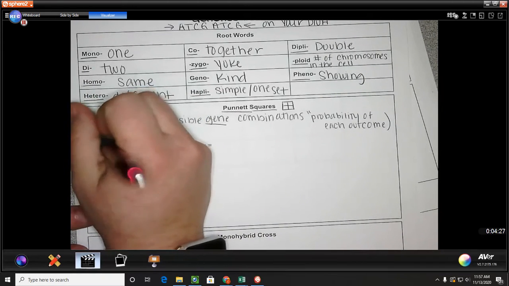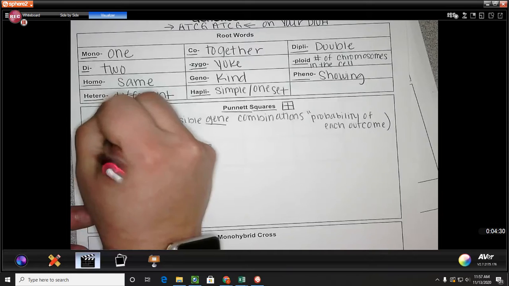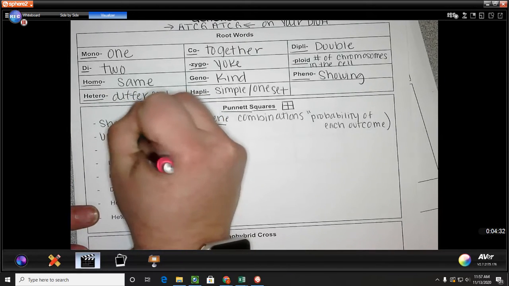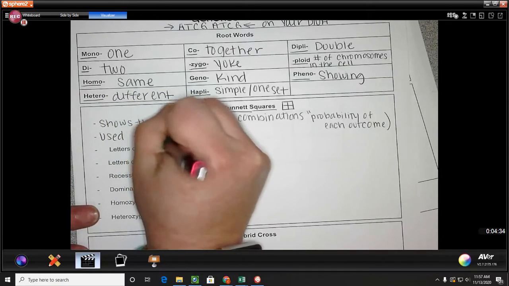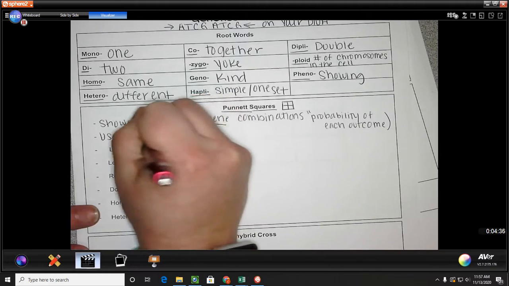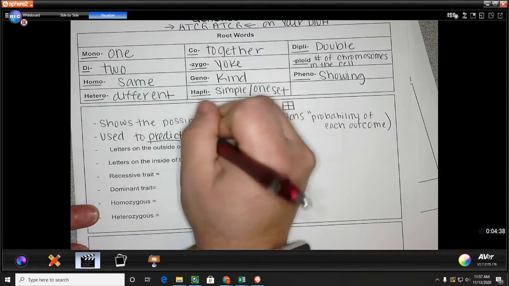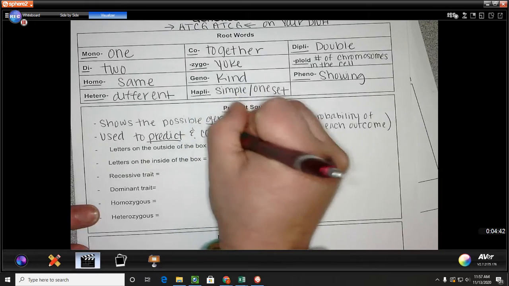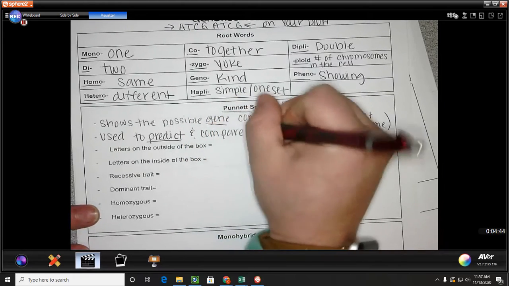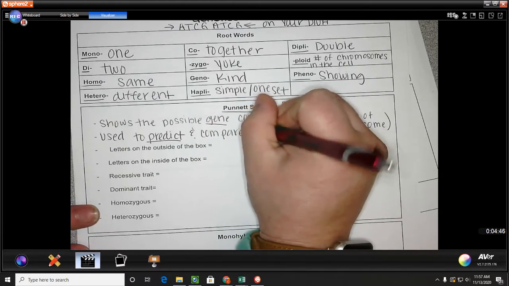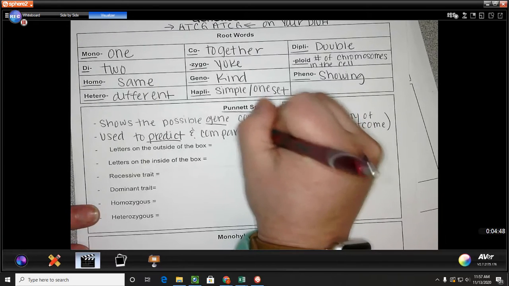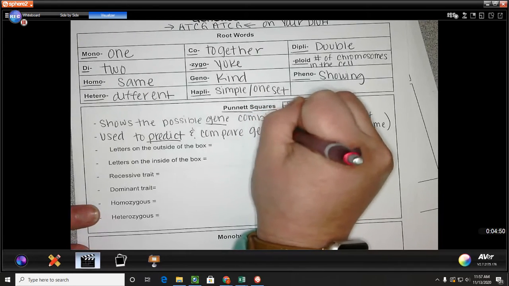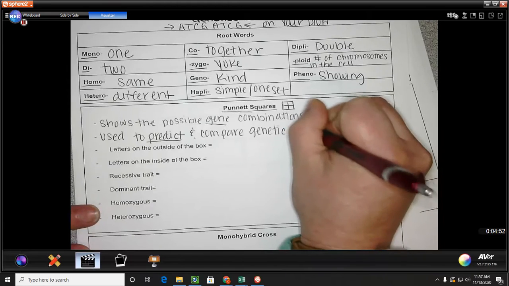Okay? So it's used to predict, like to guess, and compare the genetic variations.